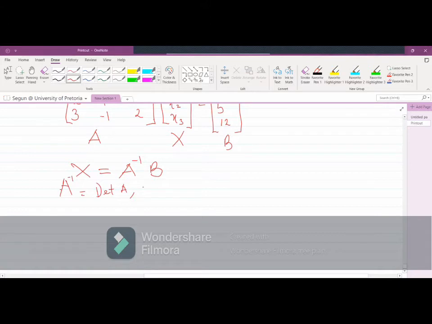The minor of A. Altogether at that point, what is it? The cofactor of A. Next, what else do we need? The adjoint of A. And lastly, you move to A inverse. If you perform this, you have your A inverse.